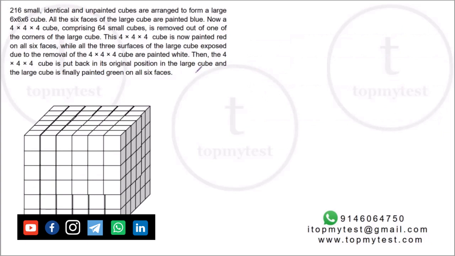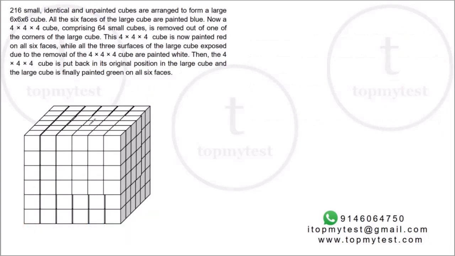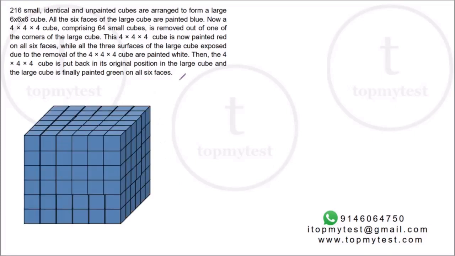So you have 216 identical unpainted cubes, right? So you have 6 cross 6 cross 6. All the 6 faces of the large cube are painted blue. All right, we painted it blue. Now a 4 cross 4 cross 4 cube comprising 64 smaller cubes is removed from one of the corners of the large cube.